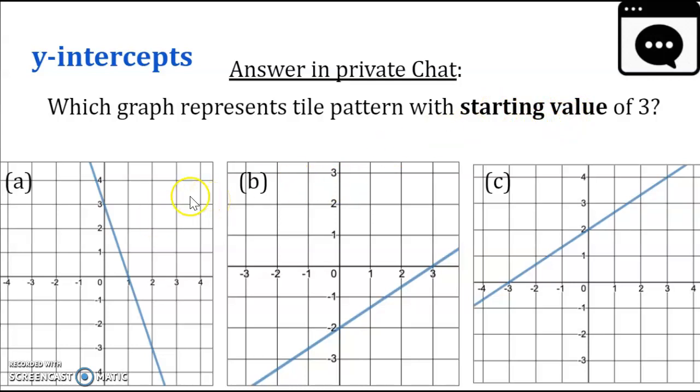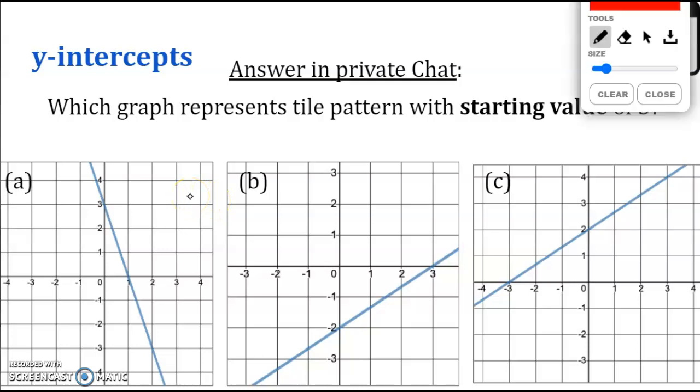So let's point out the y-intercept. Y-intercept is here, and here, and here. Those three are the y-intercepts of the three different graphs. Of these, the one which has the starting value of positive 3 is this one. So the correct answer is A.